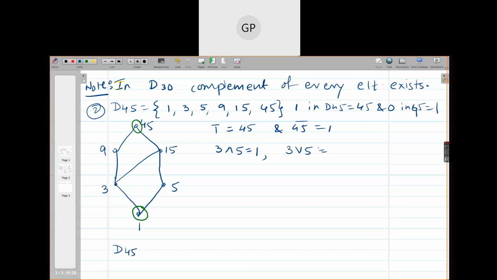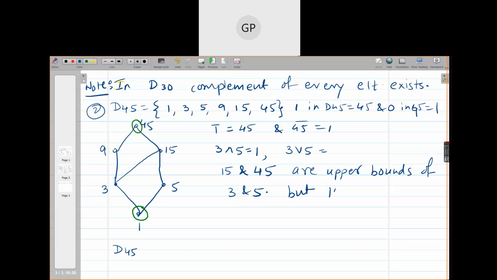What are the upper bounds of 3 and 5? 15 and 45, both, no? Common upper bounds we have to select. 15 and 45 are upper bounds of 3 and 5. But which one is the least upper bound?